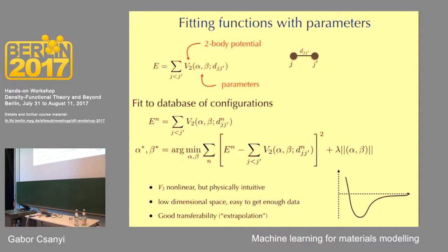Maybe a few dozen, or maybe two, if you choose them well. Both of these things imply that these potentials have what I call good transferability or extrapolation properties. The way I think about that is that this functional form extends over all possible pair distances that you're ever likely to encounter.